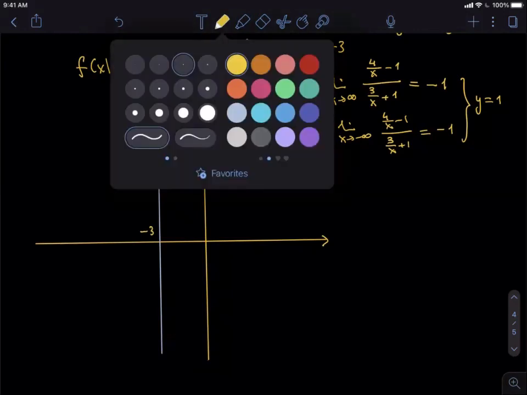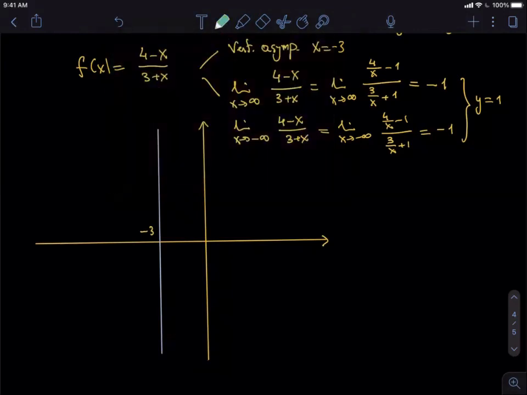And then we have the horizontal one at y equals -1. I just realized I wrote y equals 1, but it's -1. There we go.